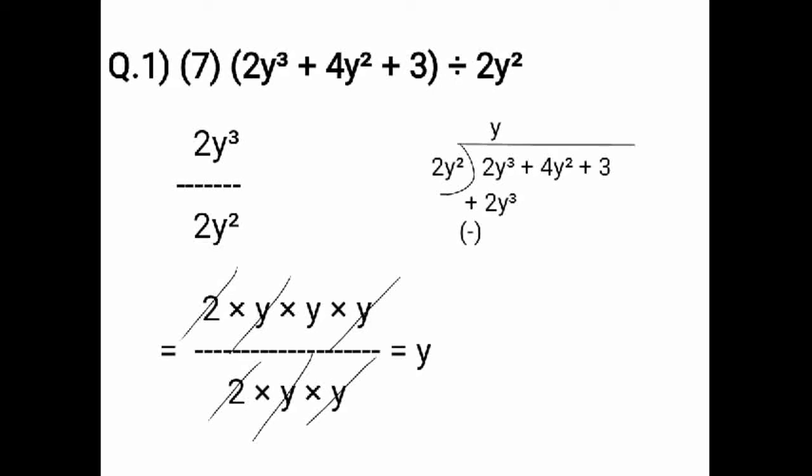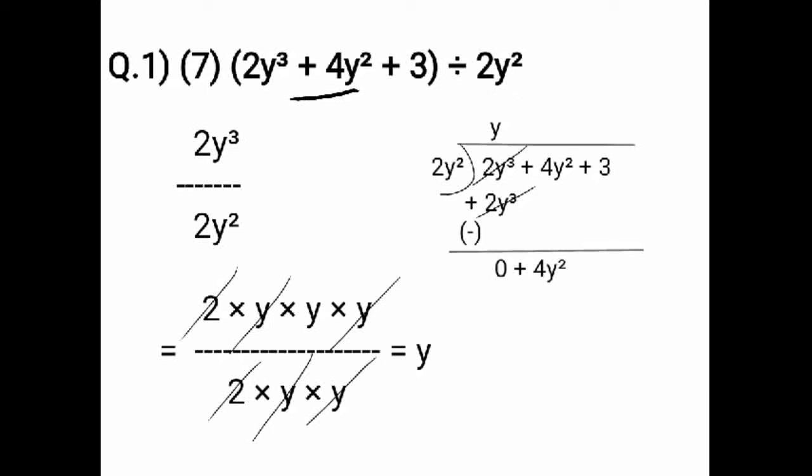Cancel it and then write the answer 0. Plus 4y square, you have to bring it down now. The second term in the bracket is plus 4y square. Now you have to divide plus 4y square by 2y square.